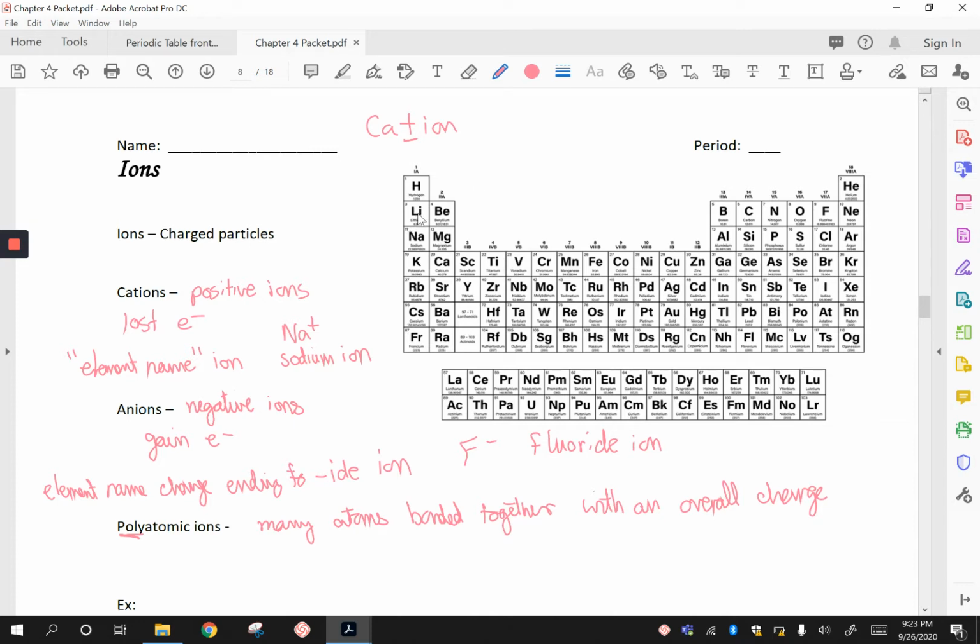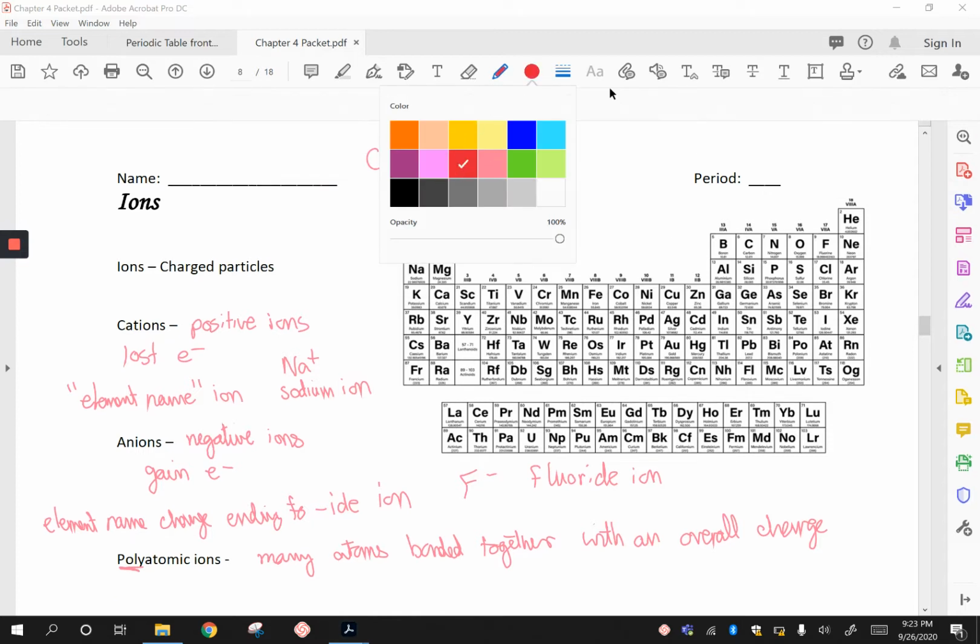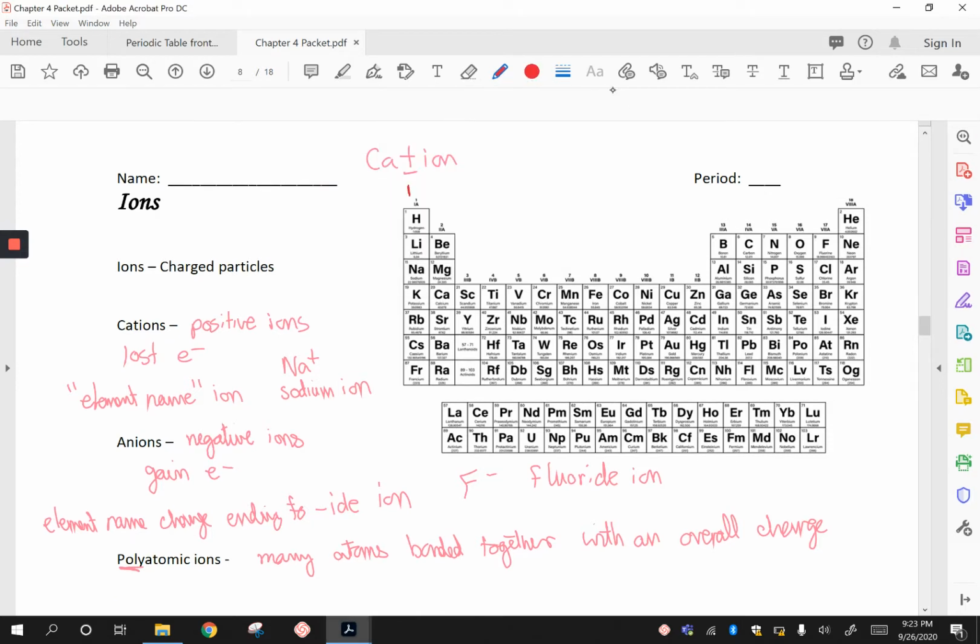So lithium, to become like a noble gas, can either lose an electron to become like helium or gain 7 to become like neon. You go 7 boxes this way to become like neon, or just lose 1 box to become like helium. Easier to lose 1 than to gain 7, and so it ends up losing 1 electron, and electrons are negatively charged, and so it becomes +1. So for group 1, they get a +1 charge.